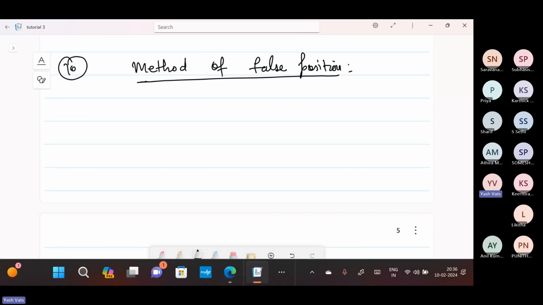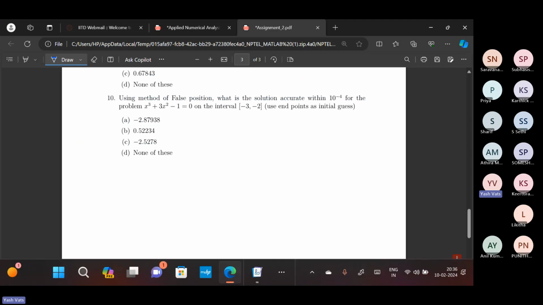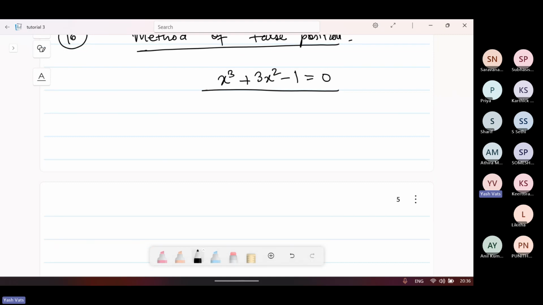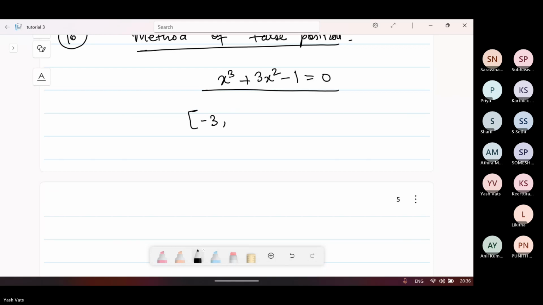What is the function? x cubed plus 3x squared minus 1 is equal to 0. Tell me how to start. What is the value of x0?